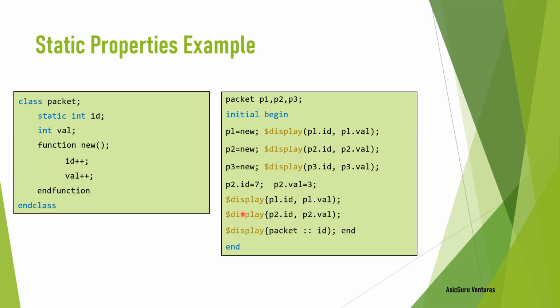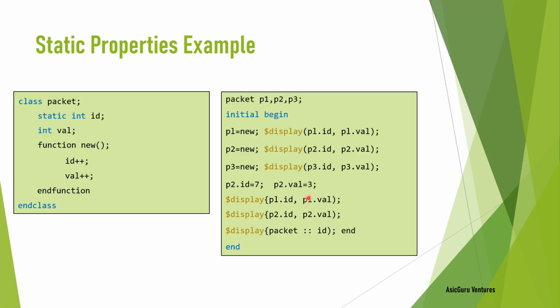Now we manually assign p2.id as 7 and p2.val as 3. When we set p2.id as 7, we are actually changing the static variable, so all the objects now would see the value as 7. But p2.val as 3 means we are only updating the value of p2, not for other objects.